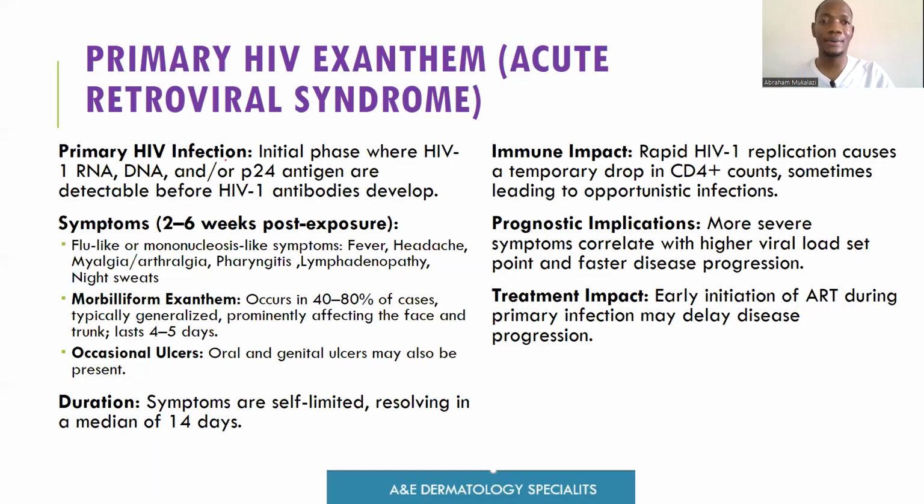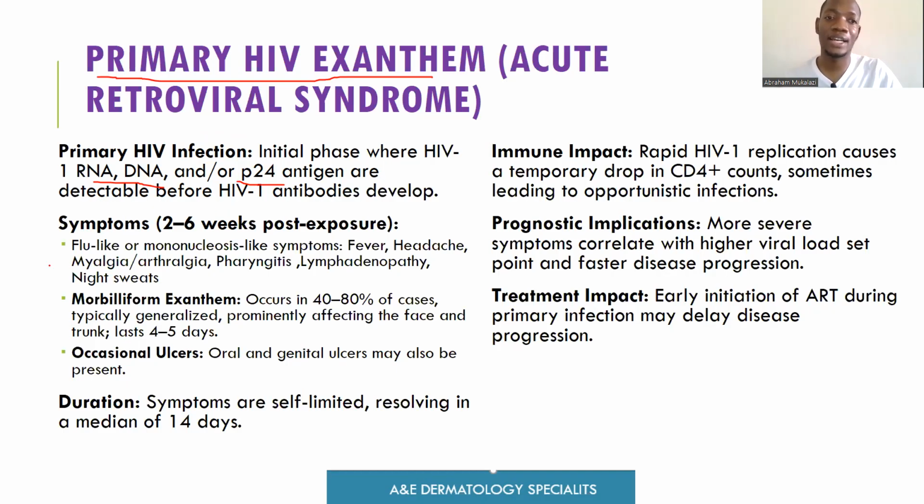So skin-wise, or dermatology-wise, this is the clinical manifestation that we shall usually see. We have what we call the primary HIV exanthem, also called the acute retroviral syndrome. This is the skin manifestation that we usually see during the window period of HIV, when someone is doing seroconversion. The body is reacting to the RNA, DNA and P24 antigens, and that's when you get the symptoms.